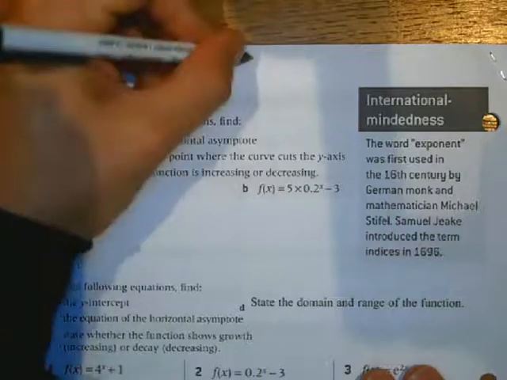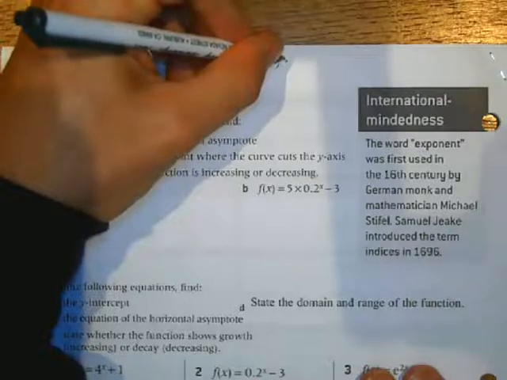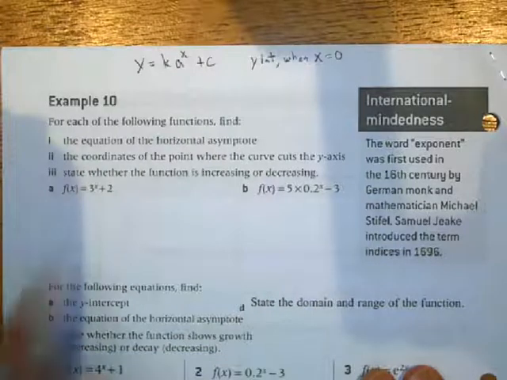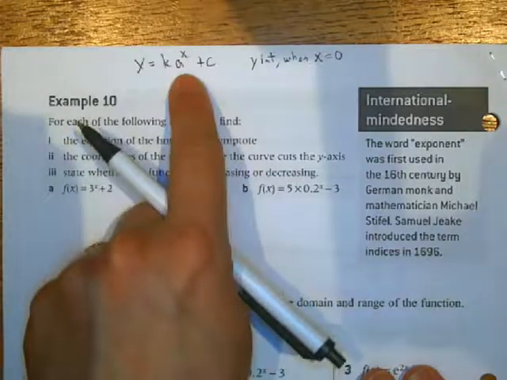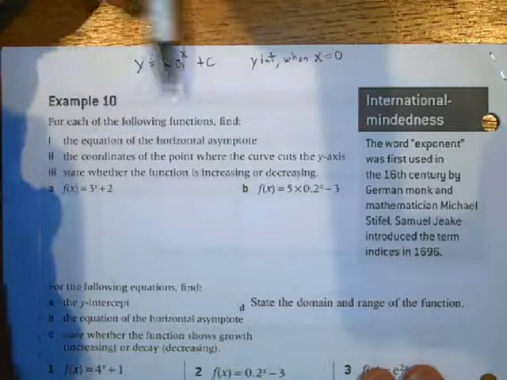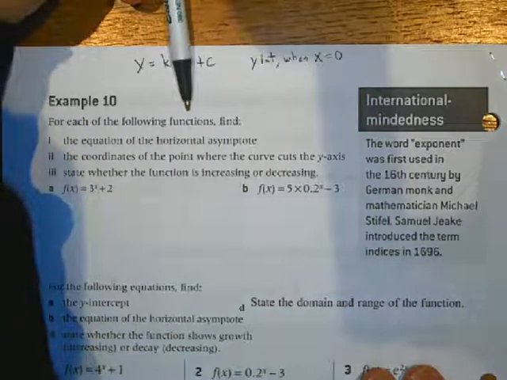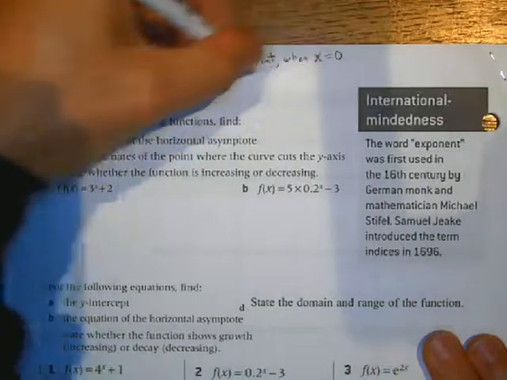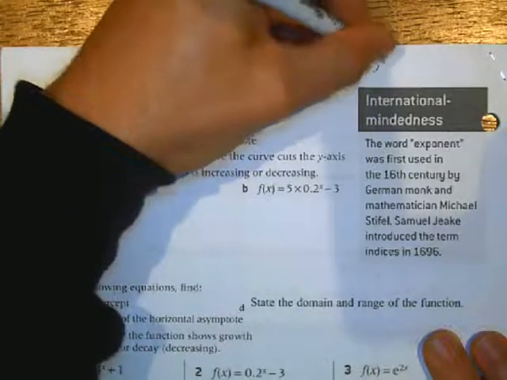Our y-intercept is when x equals 0. And so when x is equal to 0, a to the x would be equal to 1, so it would go away, and we end up with k plus c. So the y-intercept is equal to (0, k plus c).